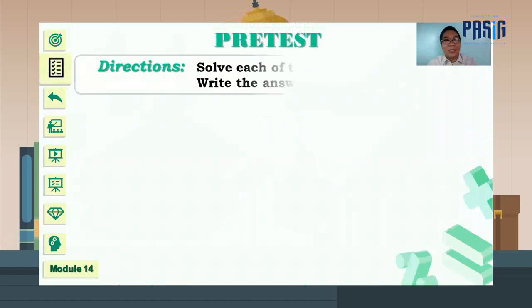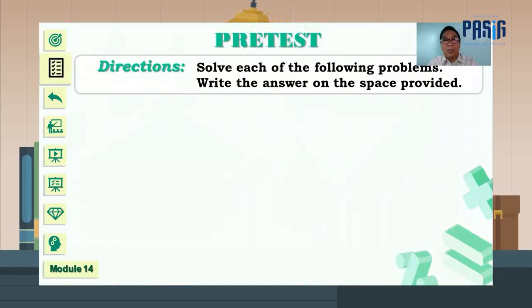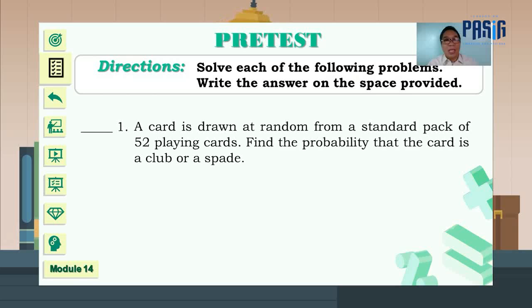The direction is, solve each of the following problems. Write the answer on your answer sheet. You may pause the video on each question, then read and understand the questions carefully and click to continue. Number 1.